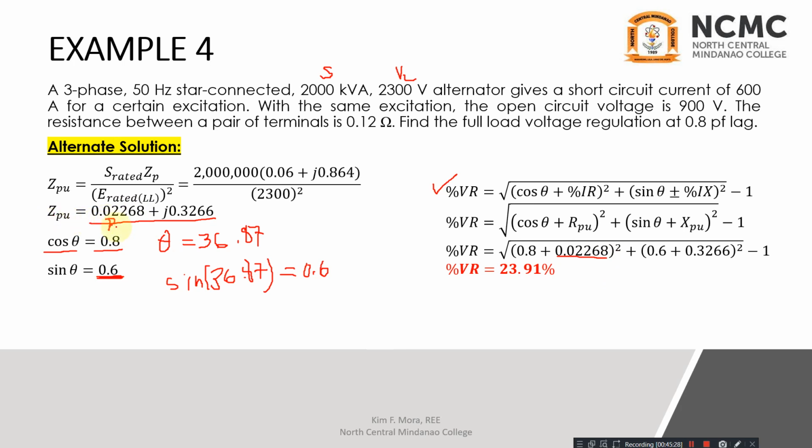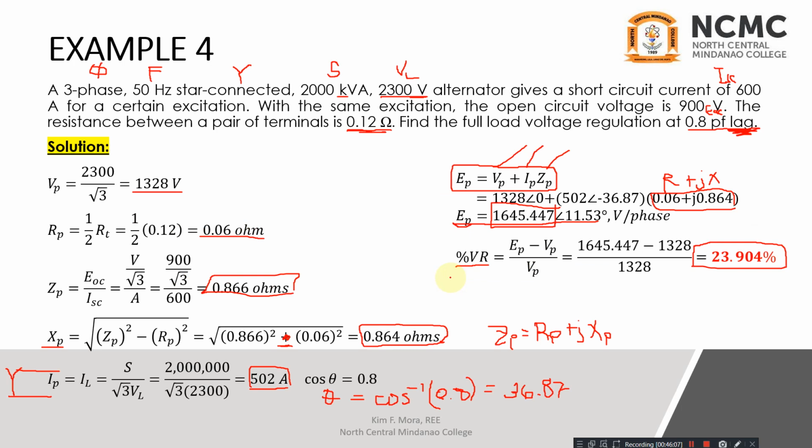So kaning R dari mao ni siya tong per unit nga resistance. Then ang ato ang kani, this is actually ato jX per unit, no? So kani nga value, this is our per unit nga resistance squared plus sin theta is 0.6 plus our per unit na pod nga reactance, that is 0.3266 squared. Then don't forget si minus 1 sa end. So si minus 1 ha, wala ni siya na-apil sa square root. So our answer here is 23.91.